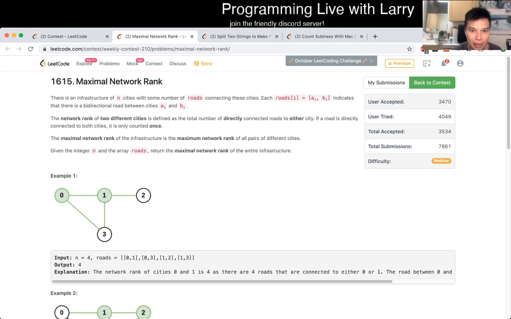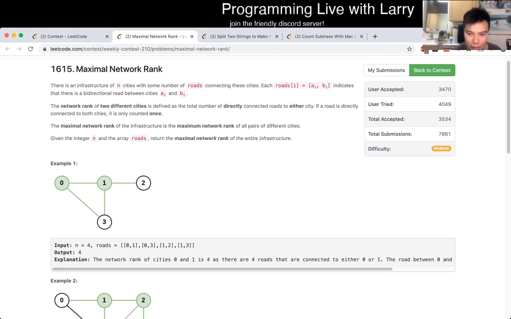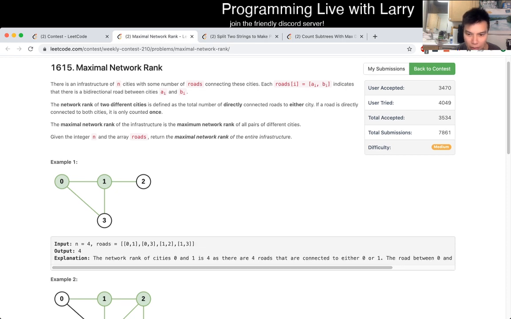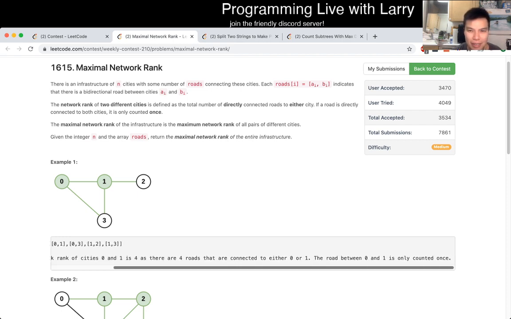Maximum network rank. 2 different cities. Maximum network of all pairs within the maximum rank. What the hell is a rank? I didn't read it there. So, wait, what?